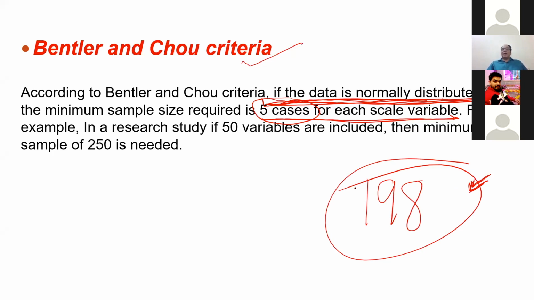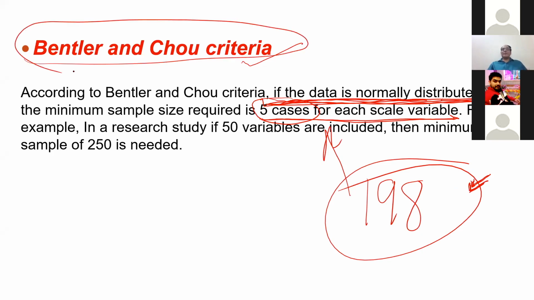So we adopted the Bentler and Chou criterion, which is a very established criterion: if my data is normally distributed, 5 cases for each scale variable is sufficient. We reported this criterion, and the thesis was successfully defended and no problem came, right?